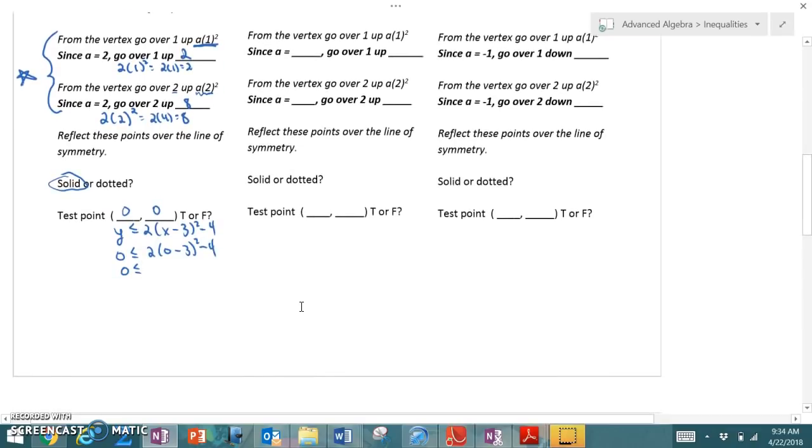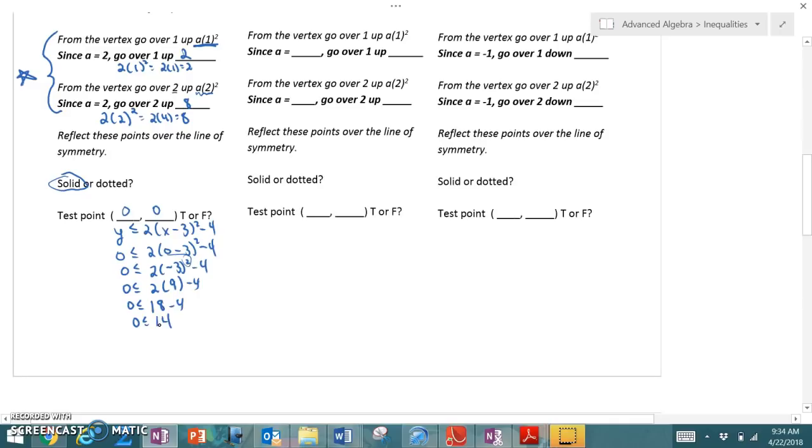So I do my order of operations. I do 2 times 0 minus 3 is negative 3, squared, minus 4, so I simplify inside parentheses first. Next, I deal with my exponent. Negative 3 squared is negative 3 times negative 3, which is positive 9. Bring everything else down. 2 times 9, because now I'm at multiplication. 18 minus 4. I get that 0 should be less than or equal to 14.